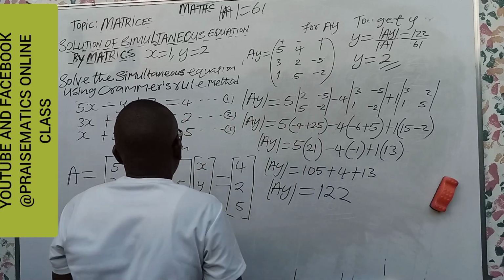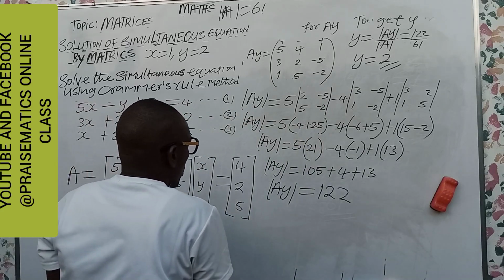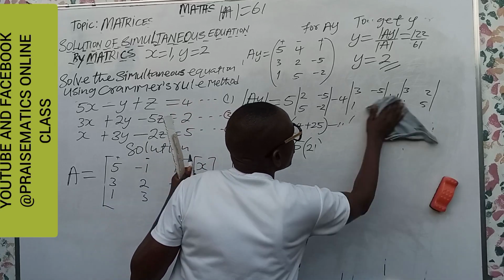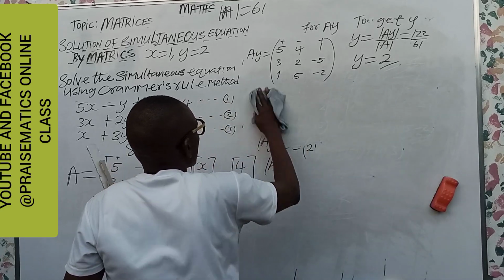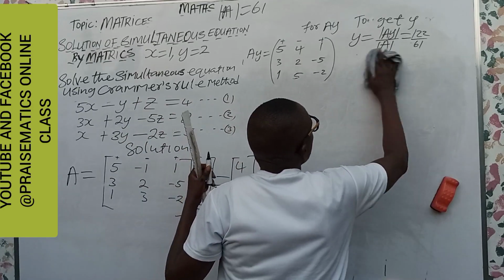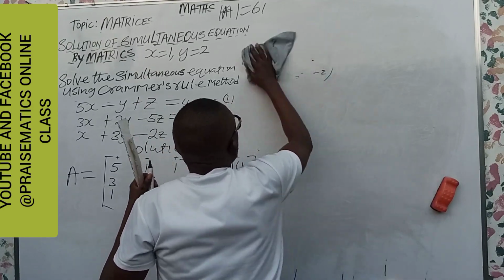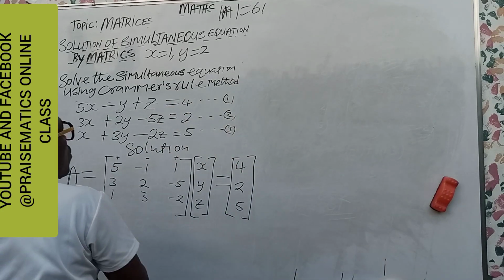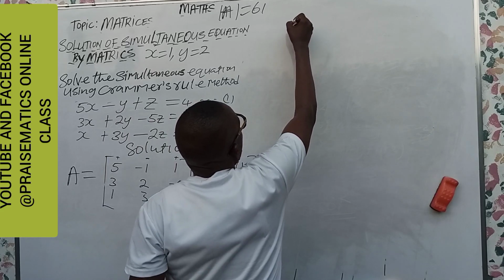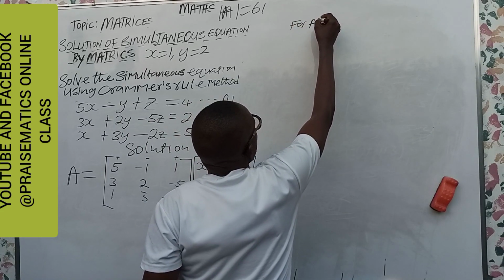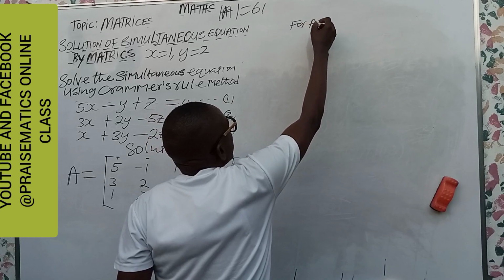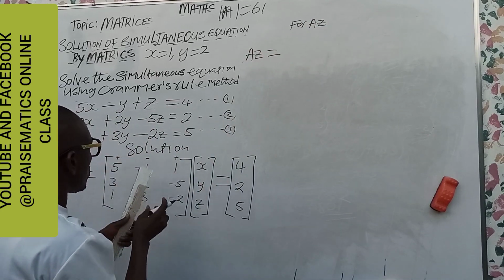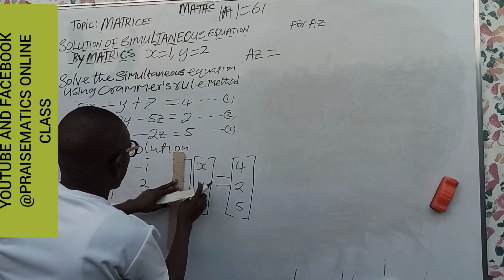So now let's go for x. Okay, we are done with x. For AZ, our AZ determinant is equal to, now come to this place, block this place, write the orders.